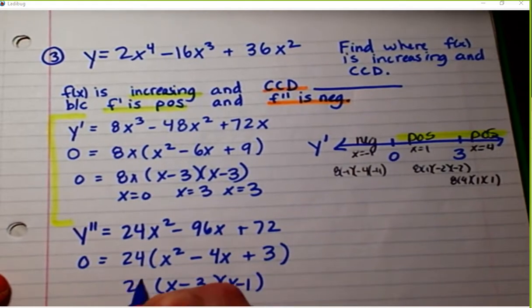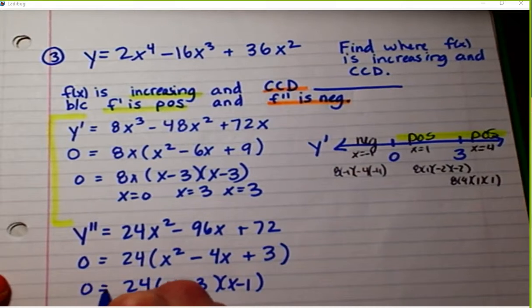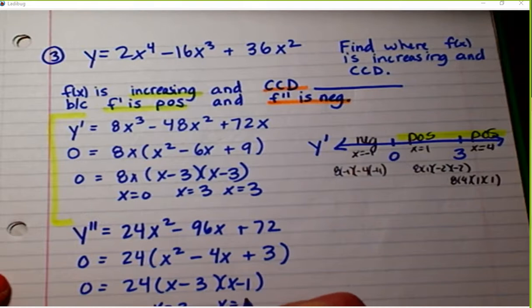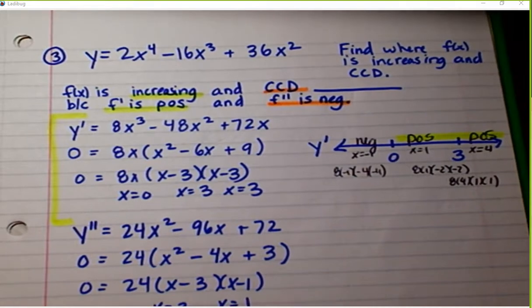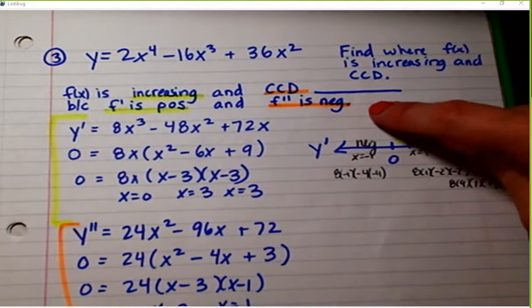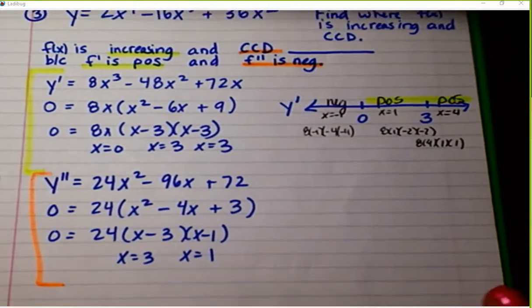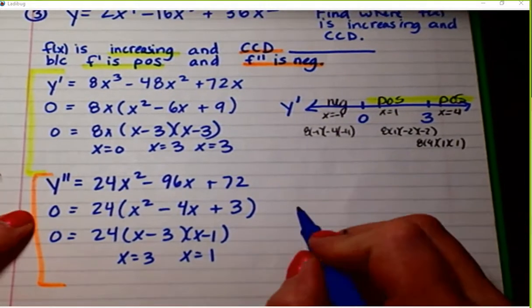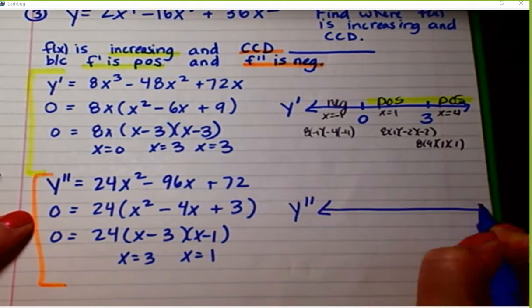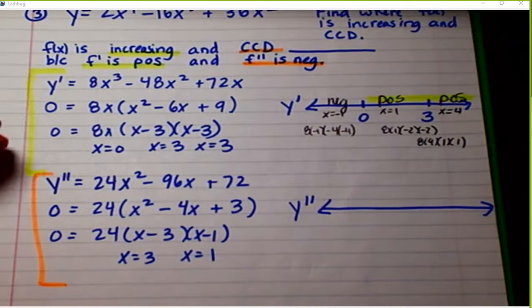Okay. Whew, got it. So this gives me x equals 3 and x equals 1. All right, so this is the orange section. This is the second derivative. Means when you do the second derivative number line, you better plug into the orange portion.